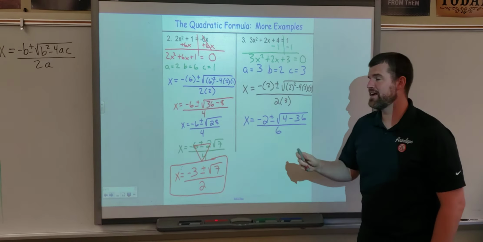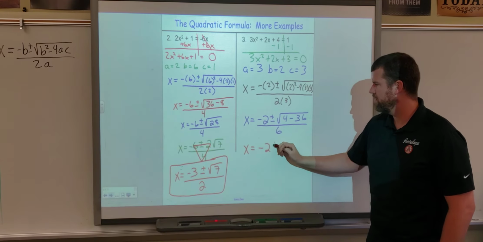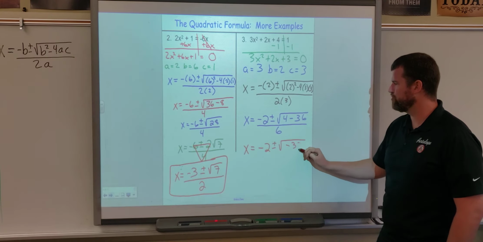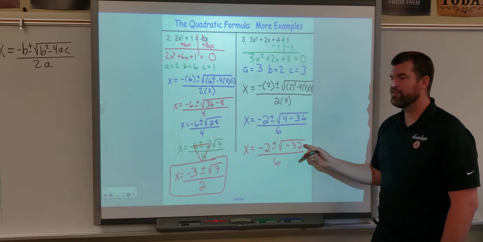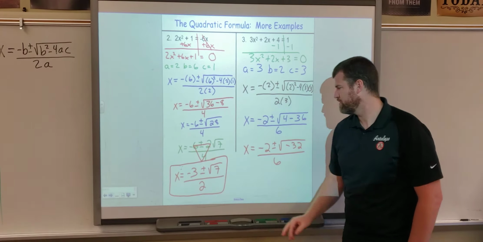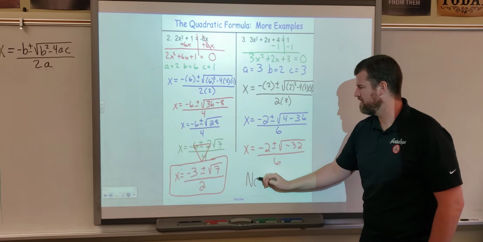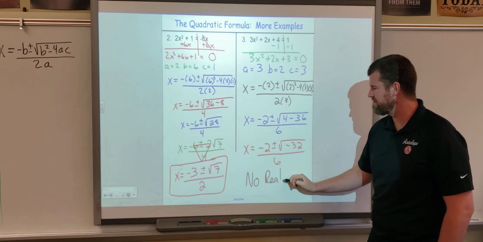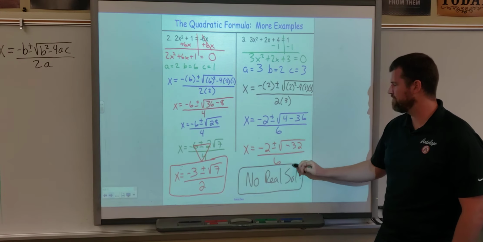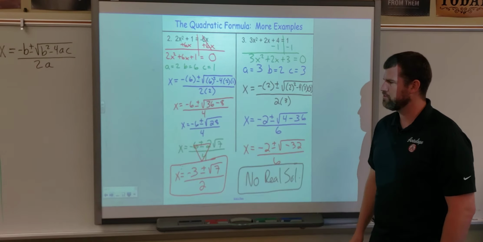And you might already recognize this is going to be a no solution, because as I simplify, I get square root of negative 32. What's the square root of a negative number? That's right, it's an imaginary number, which means we have no real solutions. And at this point, we are only worried about real solutions, and we do not have any for this problem. So again, anytime you get a negative square root, no solutions.